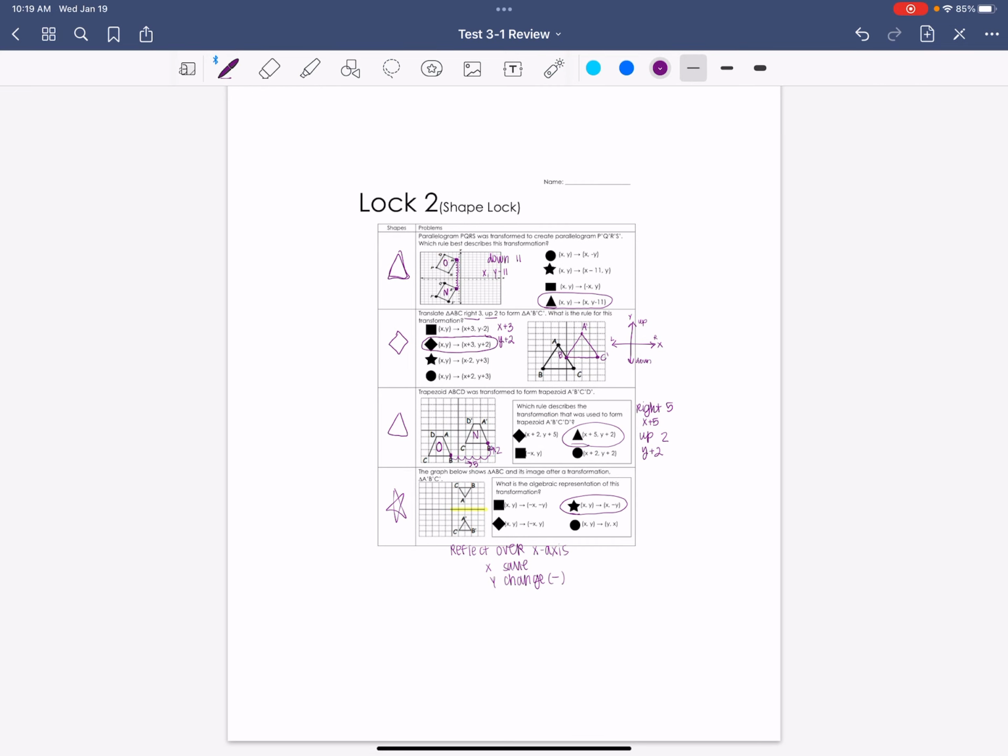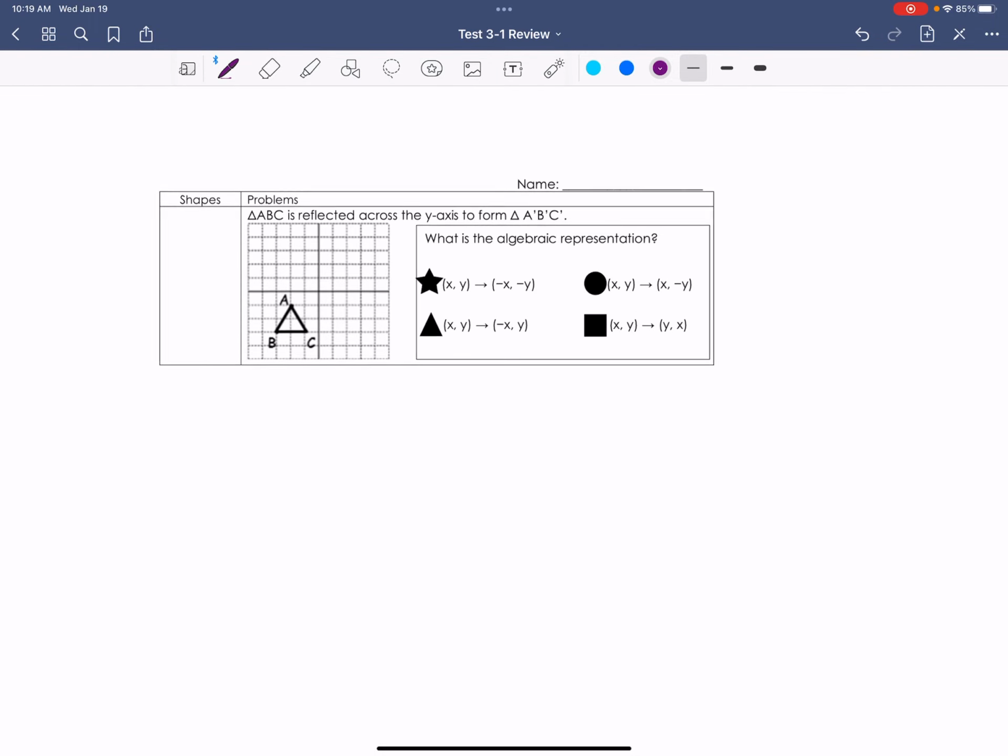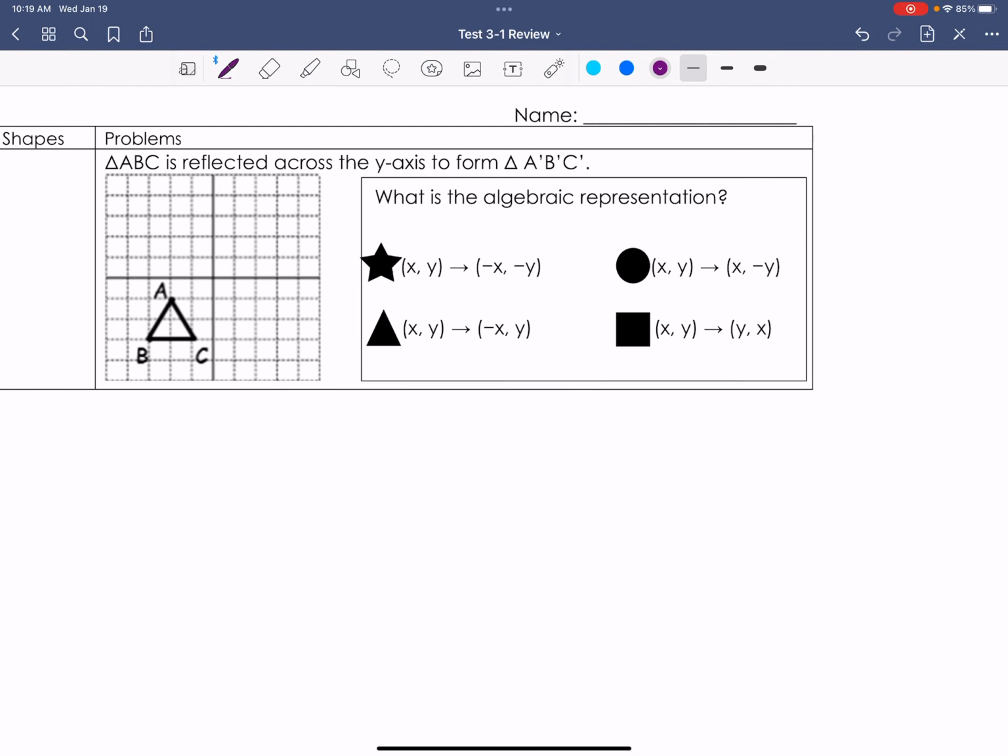Okay, let's go ahead and look at our next page. The last problem for Lock 2 says triangle ABC is reflected across the y-axis to form triangle A'B'C'. What is the algebraic representation? So here I am reflecting over the y-axis. Now remember, in a reflection, your points should be the same distance away from your line of reflection.